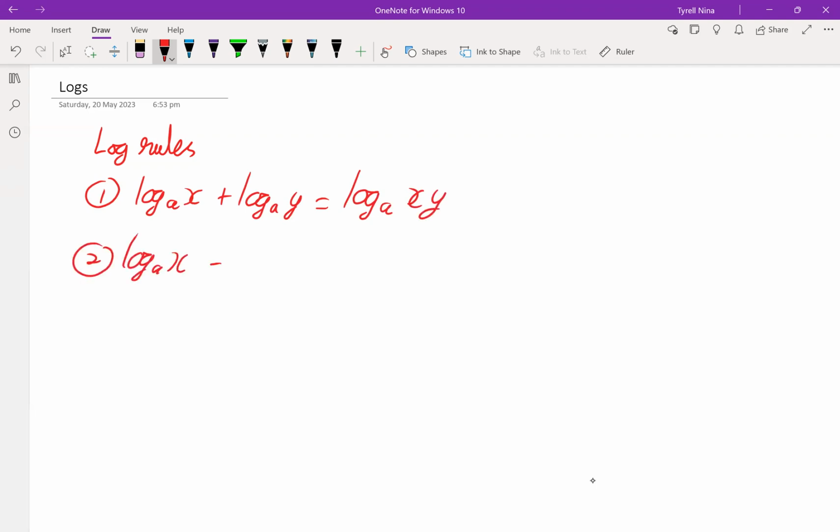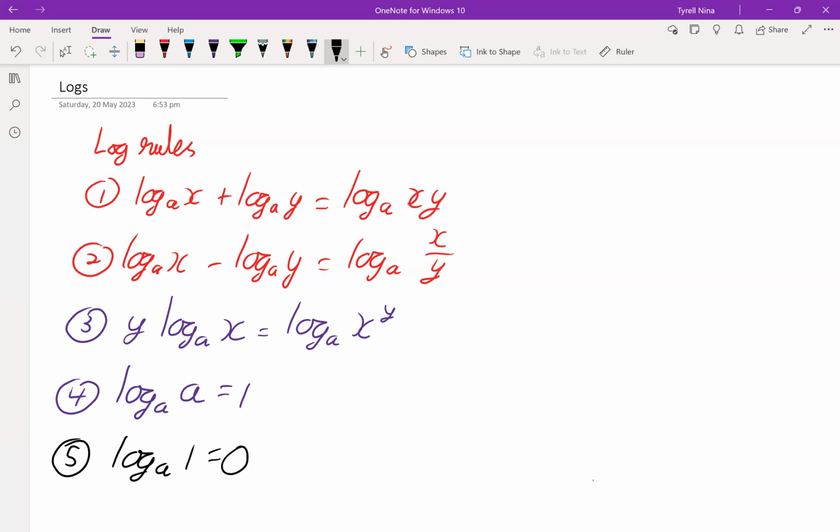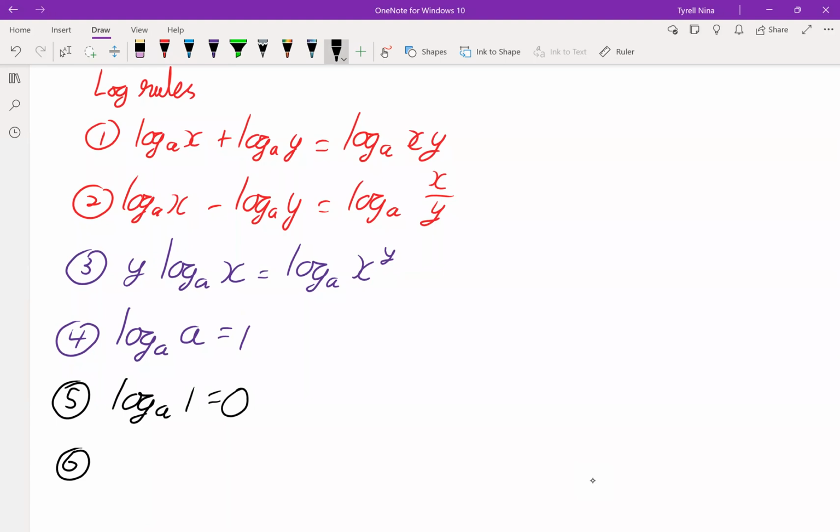Log a of x minus log a of y is log a x over y. 3. y log a of x is log a x to the y. 4. Log a of a is 1. 5. Log a of 1 is 0.